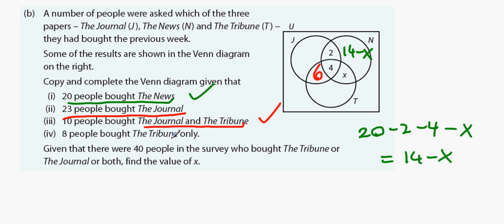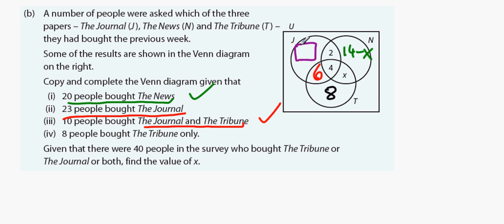8 people bought the Tribune only. And if 8 people bought the Tribune only, this will put this at 8. What we can do next is we can find out how many people bought the Journal only, which is this part here, represented in purple.